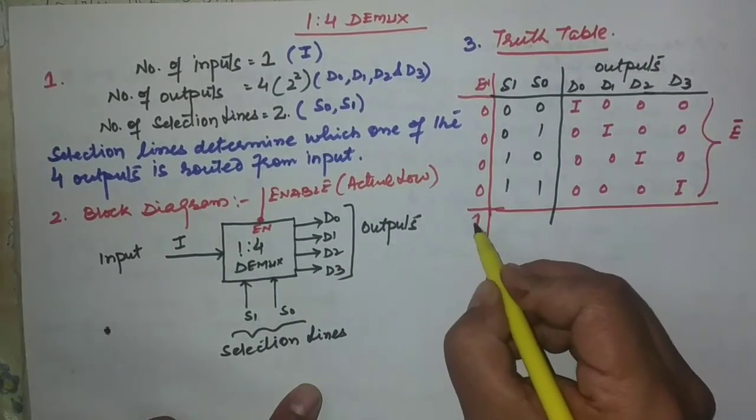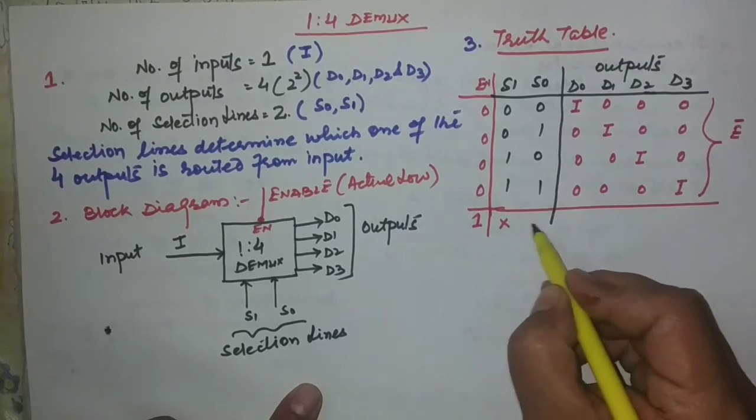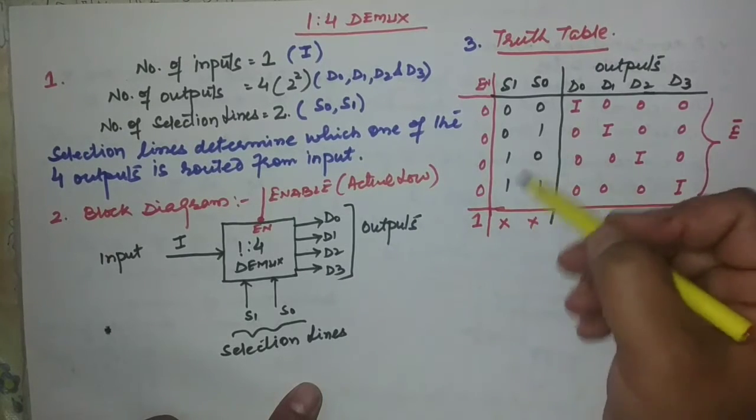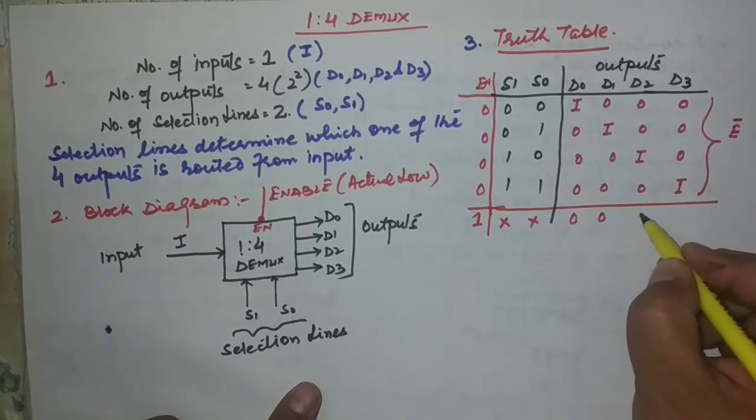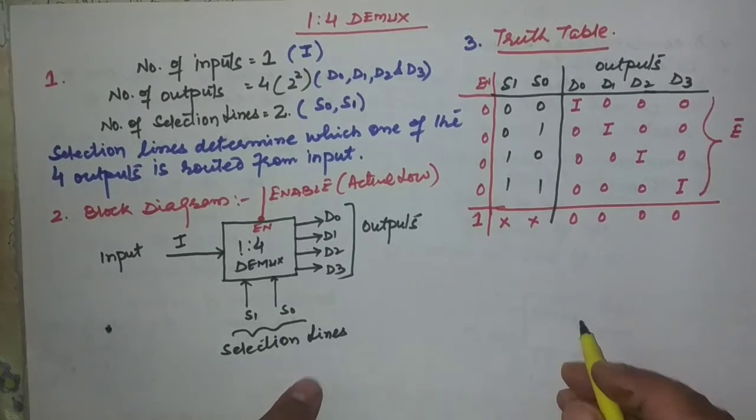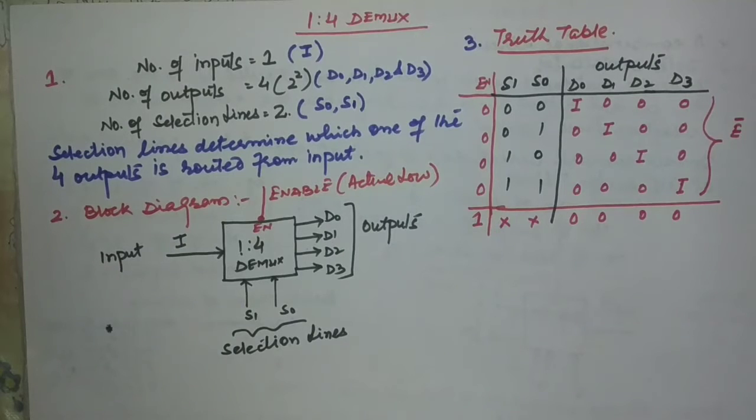When it is 1, it hardly matters what the combination of these two selection lines is, the output will always be equal to 0. So this is the truth table.